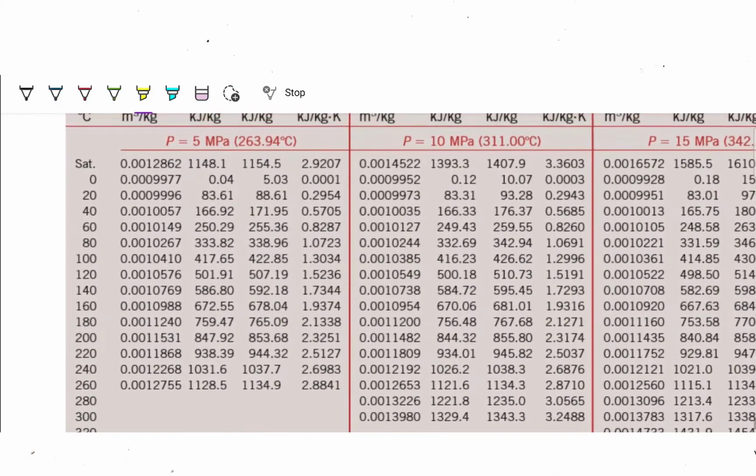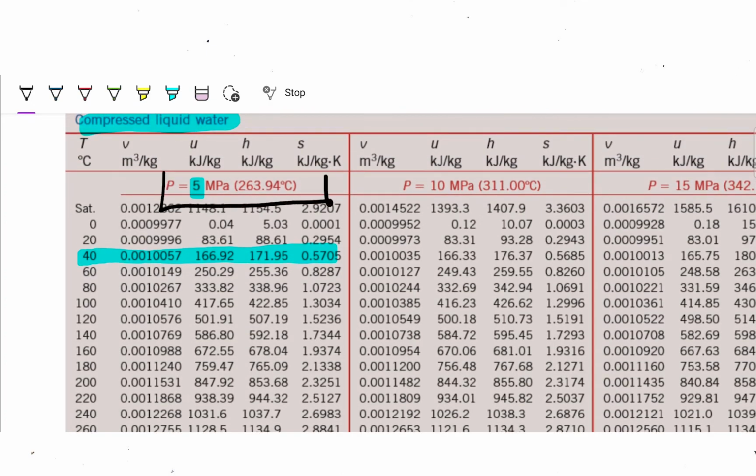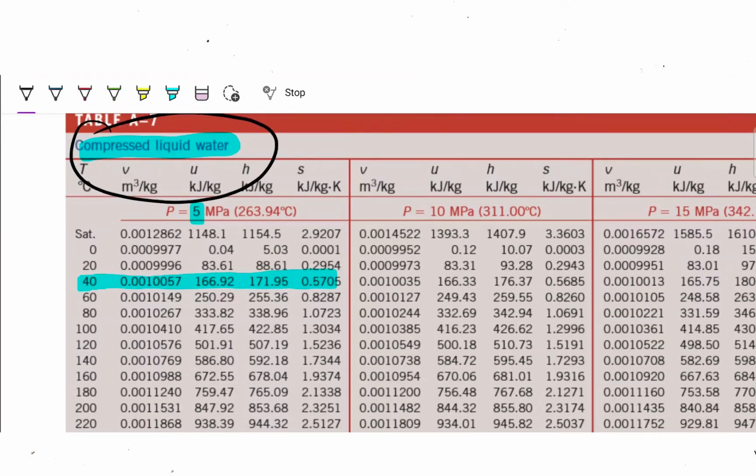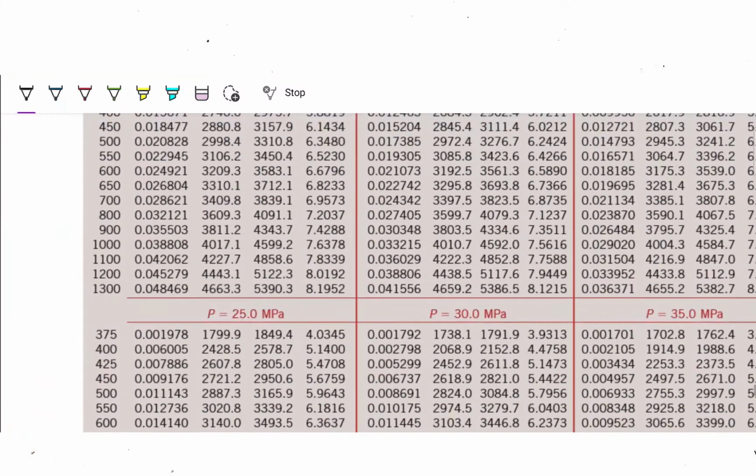If we were at a pressure of 5 megapascals and we look at the 40, which is the temperature we are at, you'll see that the specific volume is 0.0010057. Remember, the one that we just approximated was 0.001008. The difference is only in this last digit here, and it's not that big, by the way. So bottom line is, your rule of thumb, if the pressure is smaller than 5 megapascals, don't bother with this table. You don't need a compressed liquid table. You can approximate your properties to those of the saturated liquid.